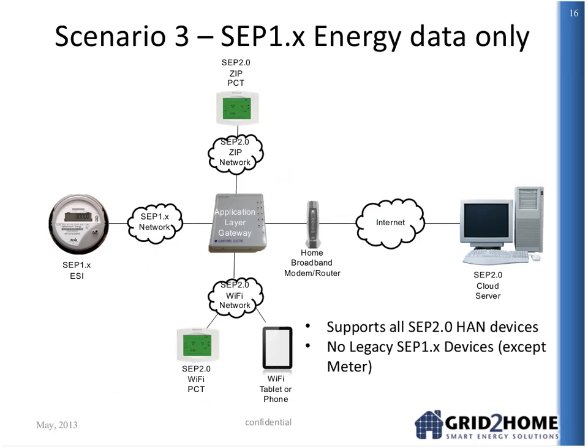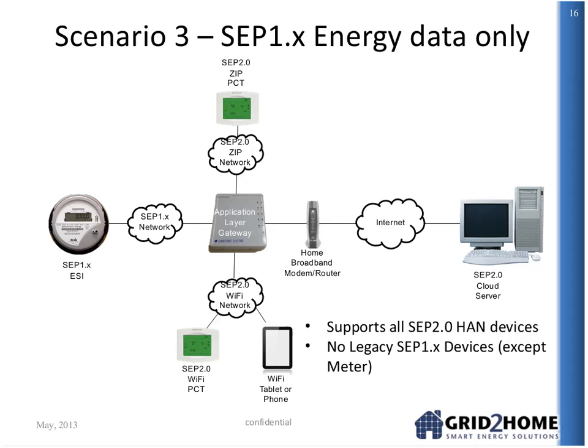It provides both pricing, time, DR events, and all the advanced function sets of SEP2. And all we use to connect to the left-hand side now is to get the metering information out of the meter. We could support both SEP1 and SEP2 devices, but here's an example where I say maybe the energy data is the only thing you get from the left-hand side.